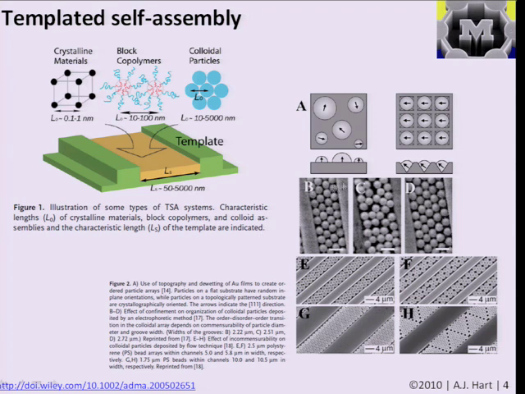We want to start thinking about how to create these small structures of controlled size. In these cases, these are polymer nanospheres. And in the upper case, what is going on is the authors are talking about the ability to use surface topography to control the de-wetting of thin film.